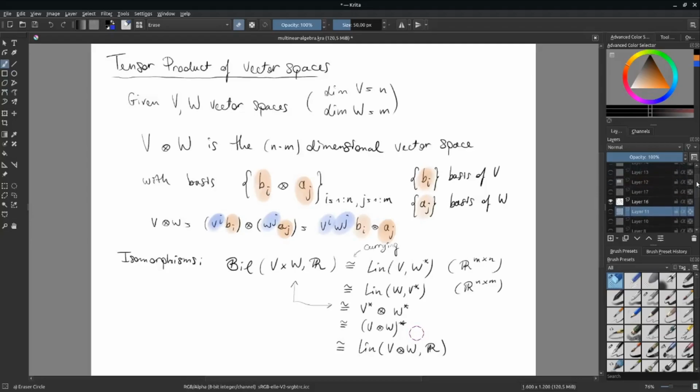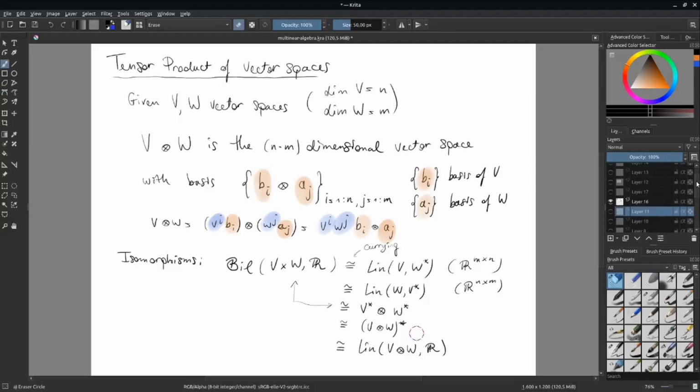Cool. So we know how to take tensor products of tensors, or at least tensor products of vectors, of covectors, and arbitrary tensors. And as a derived notion, we can talk about the tensor product of two vector spaces.